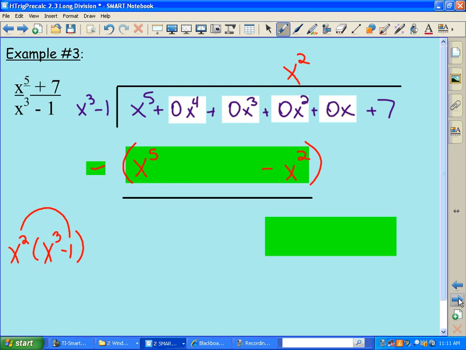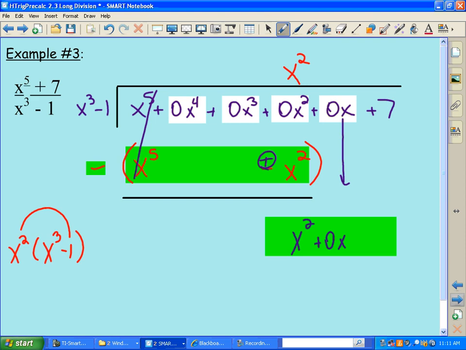So x to the 5th minus x to the 5th is 0. I have a 0x squared. I'm subtracting a negative x squared, so this turns into a positive. 0 plus 1 makes x squared. And then I bring down my next thing, which is a 0x, and I start dividing again.